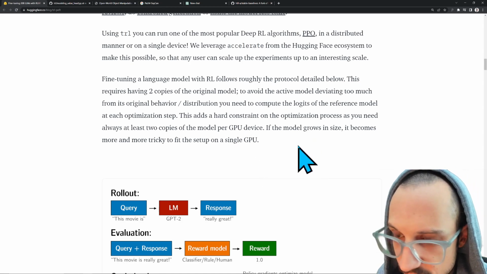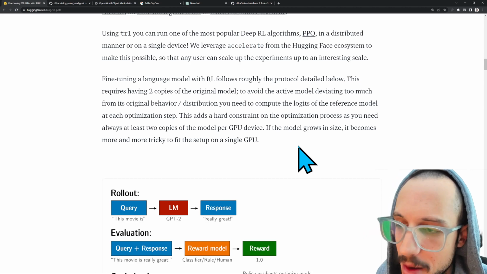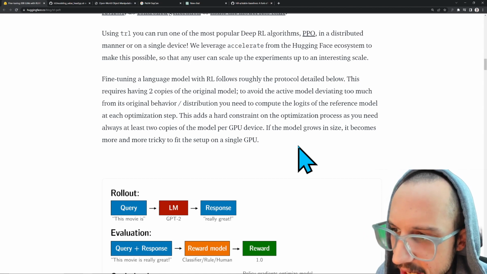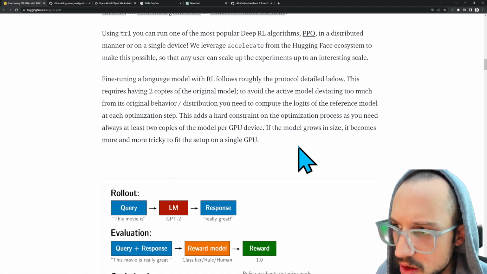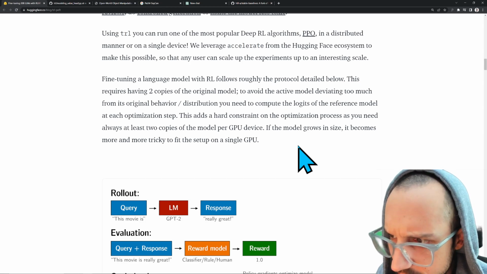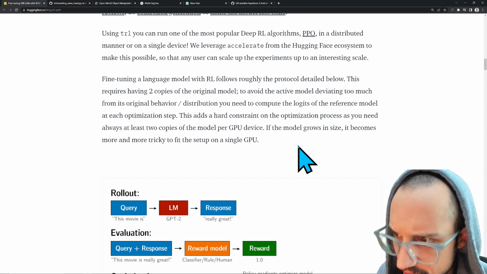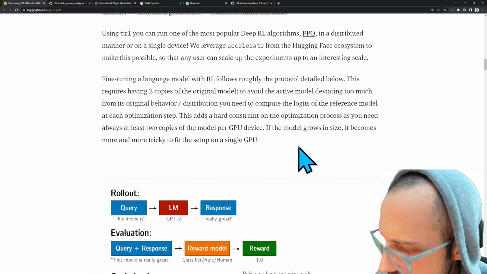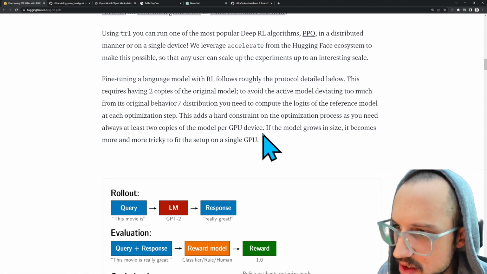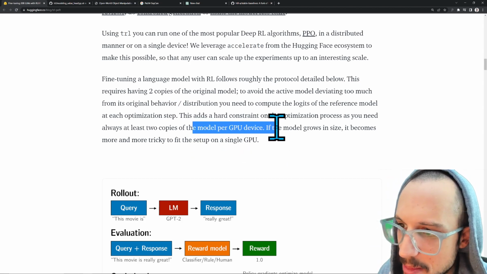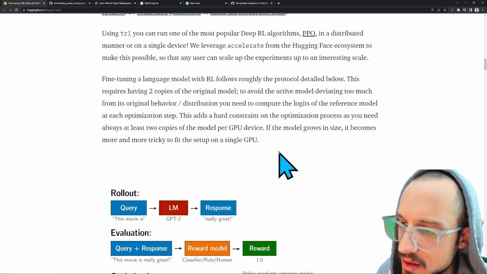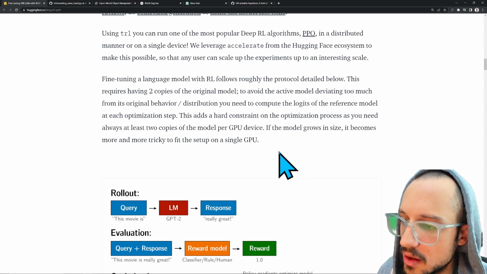A chessboard is a very low dimensional environment. But as soon as you add images or sound or any kind of modality of data that is very large and has very high dimensionality, this can blow up the amount of memory that you need on a GPU.